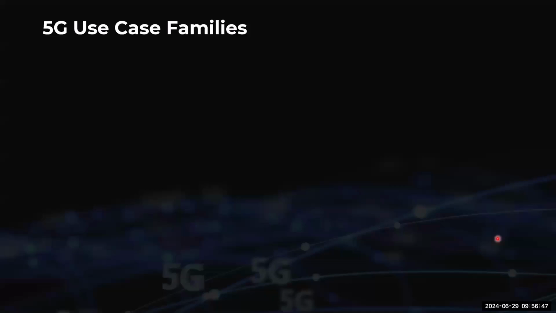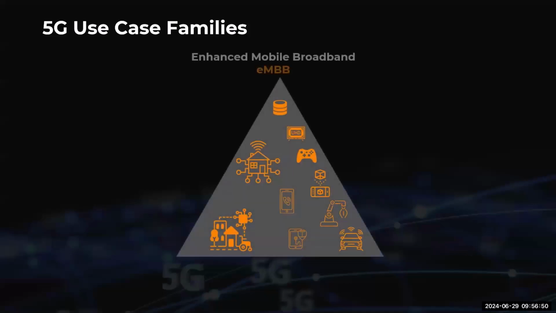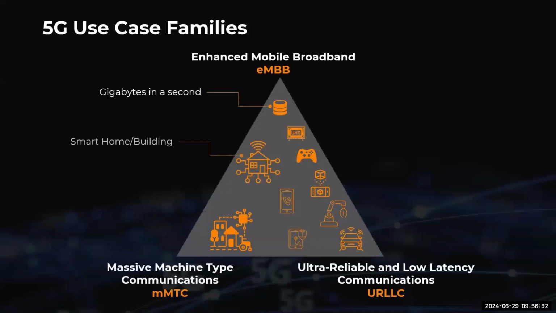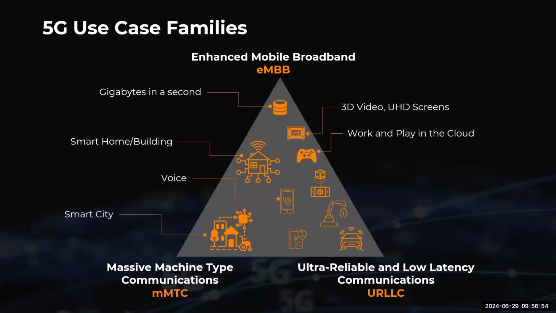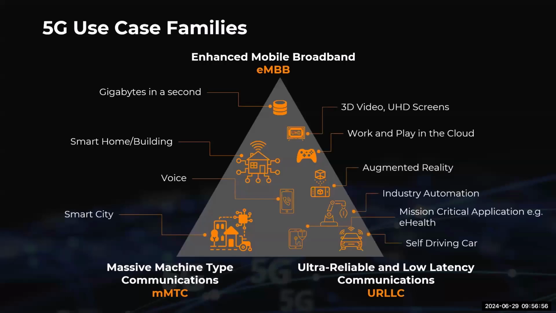And if we look at the 5G use case families, as mentioned, we have three fundamental use cases: the enhanced mobile broadband or eMBB, which is giving us high capacity and high throughput. Massive machine type communications, which are massive IoT. You can see the applications in the smart city, smart home, and smart buildings.